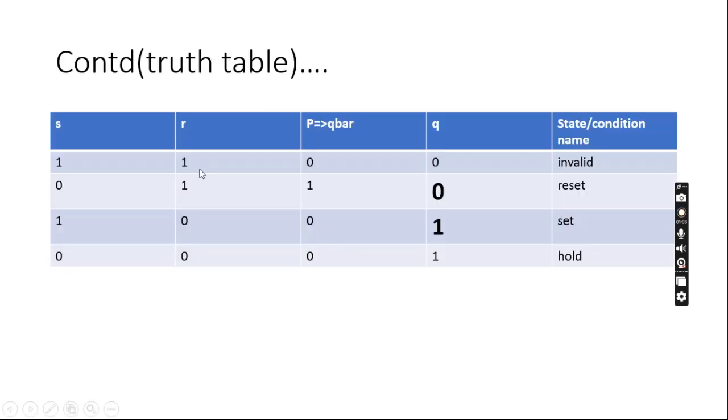So this is the truth table. Here SR are the two inputs and we will get 4 combinations. Here I have not started with 0 0, as I started in the SR NAND latch. The reason is the NAND latch will be in an invalid state when we apply 0 0.